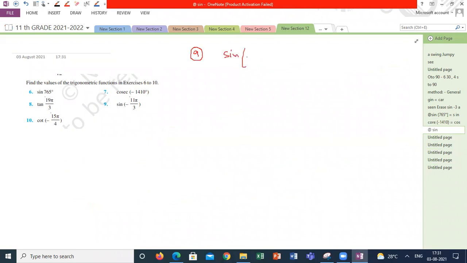So please solve sine of minus 11 pi by 3. I can write this like this: sine of minus 4 pi plus pi by 3. Is it clear?